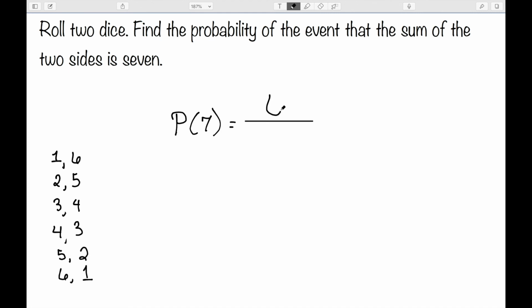So there are a total of 6 different ways we could roll a sum of 7. How many total ways can we roll 2 dice? Well, there are actually 36 different ways to roll 2 dice. So the chance of rolling a 7 is 1 over 6.